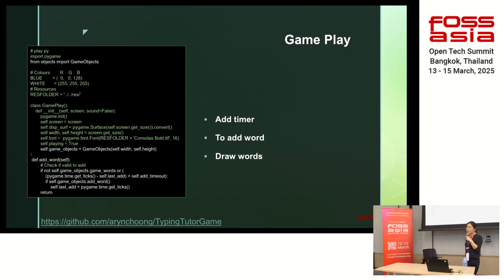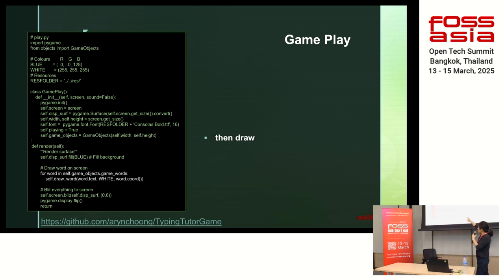And then now we want to add the timer to add the word. We don't want to add a word for every single computer cycle, right? We want to add the word in intervals. So we put a counter in there, using pygame time get ticks, to make sure that once the timer has run out, then only do we add another word. Then of course, once we add the word, we have to draw the word.